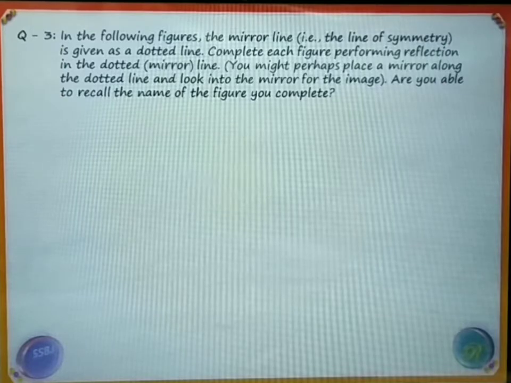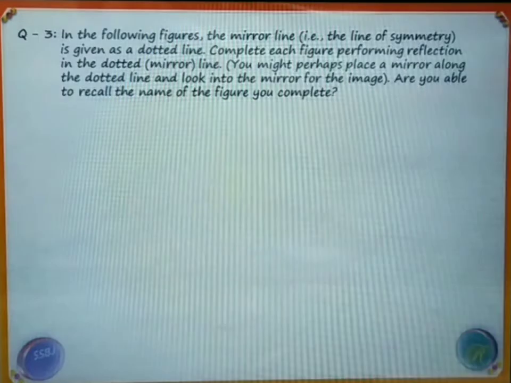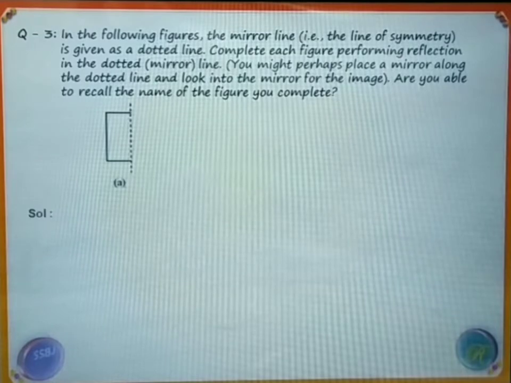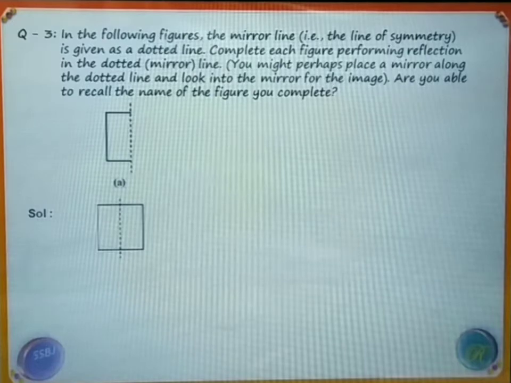You might perhaps place a mirror along the dotted line and look into the mirror for the image. Are you able to recall the name of the figure you complete? A. Solution. It will be a square.